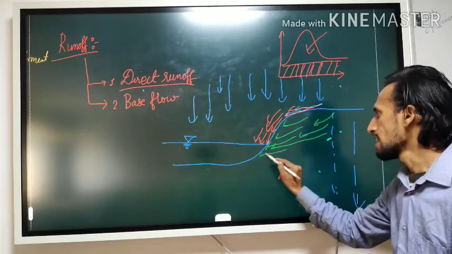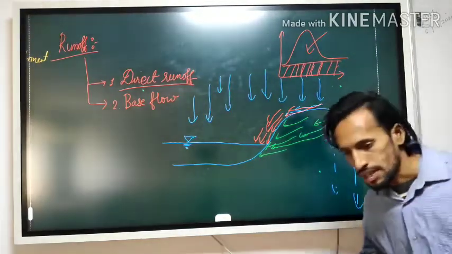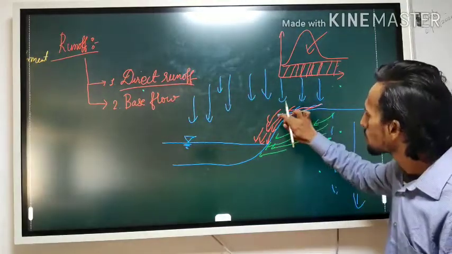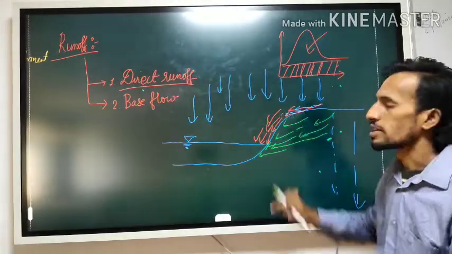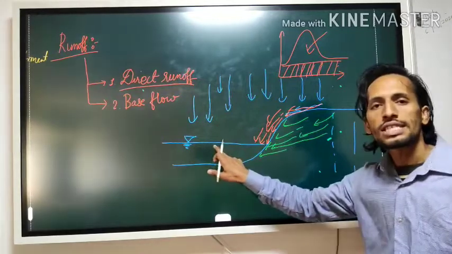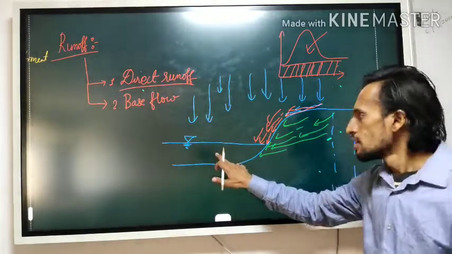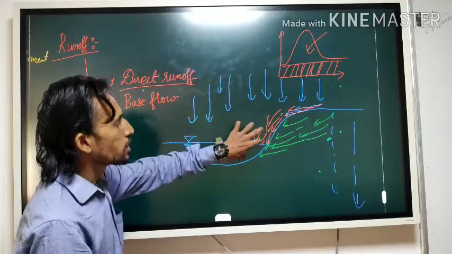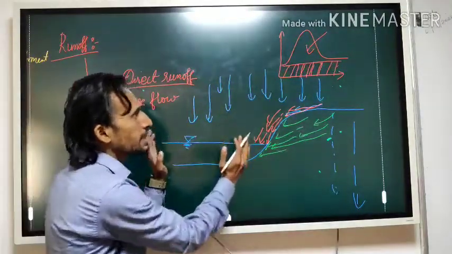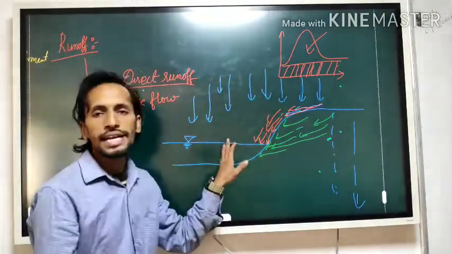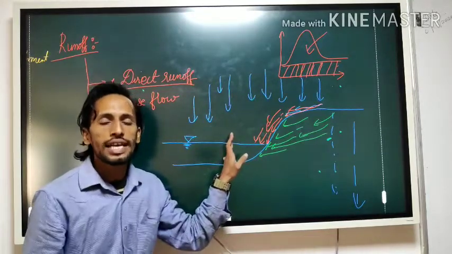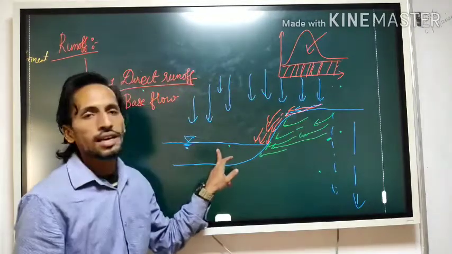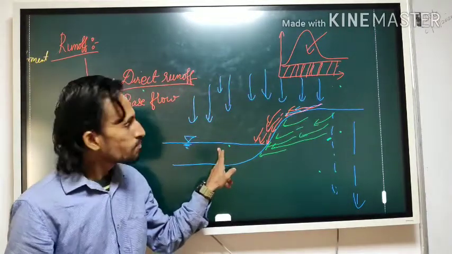So all this water and this water is coming to this stream. You have set up one gauge station at some location in the stream, and you are reading this runoff.